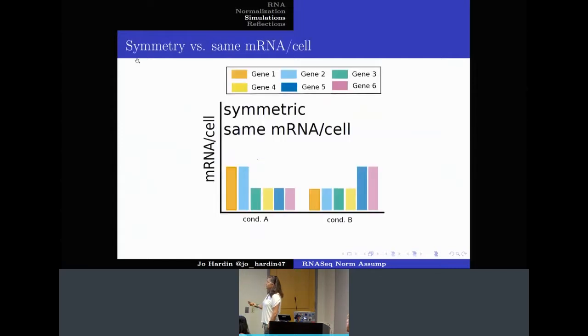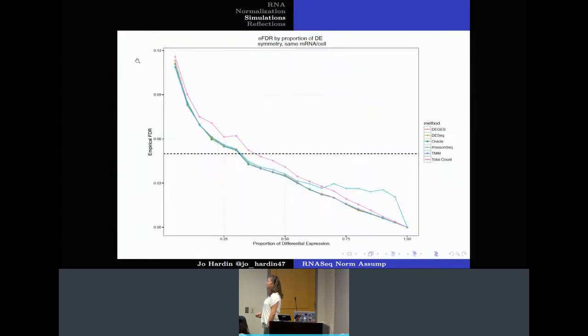So here's our first one, symmetric, same amount of mRNA per cell, and you see that they're actually not that different. The y-axis here is the false discovery rate, and the x-axis is the total proportion of differential expression. When I said 50%, 50%, I didn't mean that 100% of genes were differentially expressed.